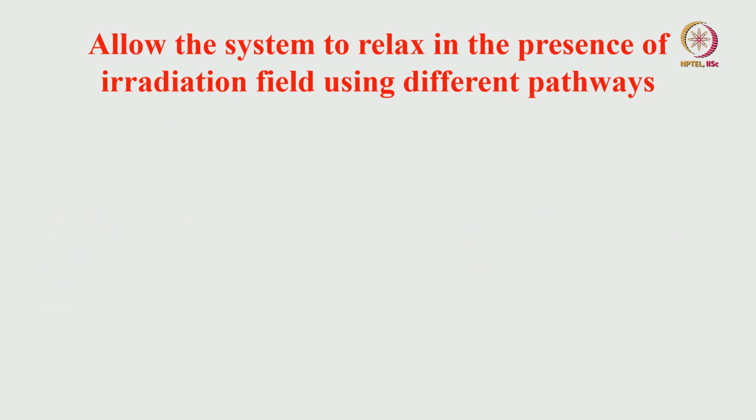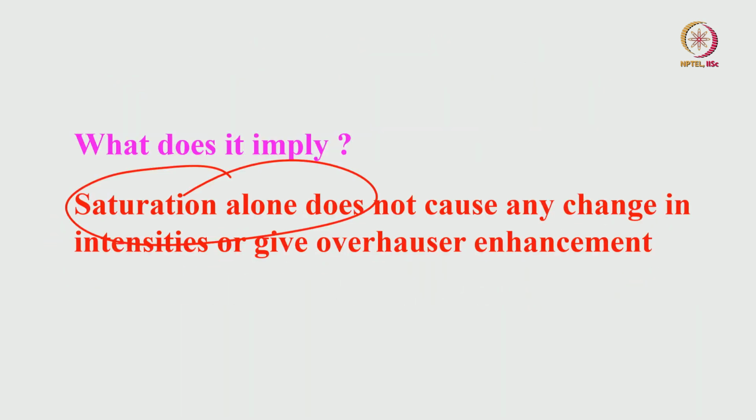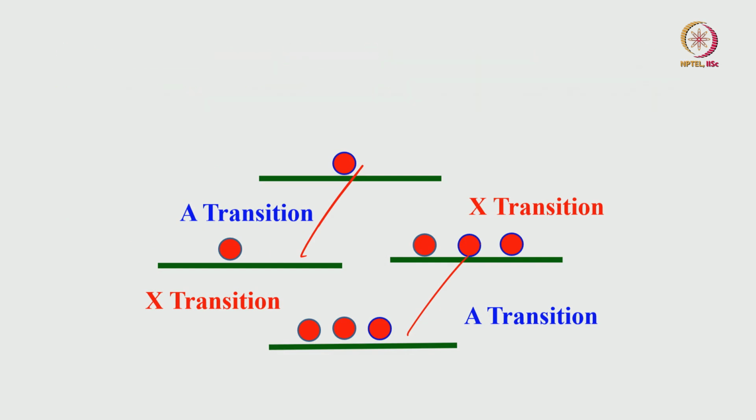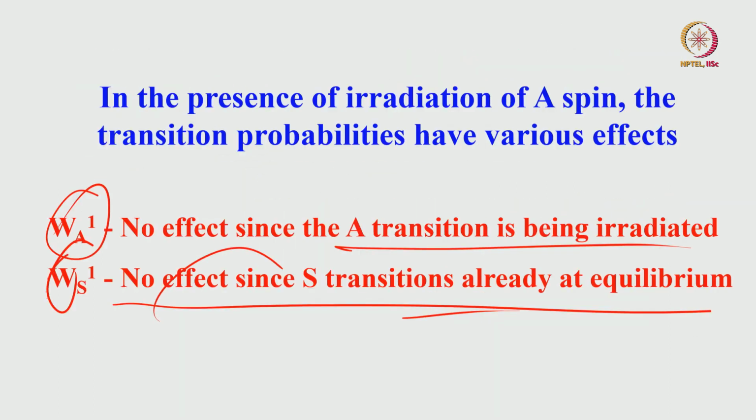Something interesting: we will allow the system to relax in the presence of the irradiating field using different pathways. What are the different pathways? When the nuclear spins attain thermal equilibrium, they start coming back like this, through what is called the single quantum pathway. Spins are relaxing through the single quantum pathway; that is what I said here, and there is no effect.